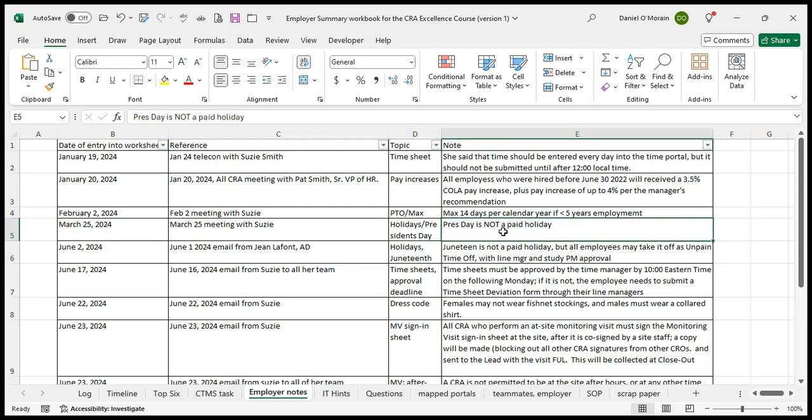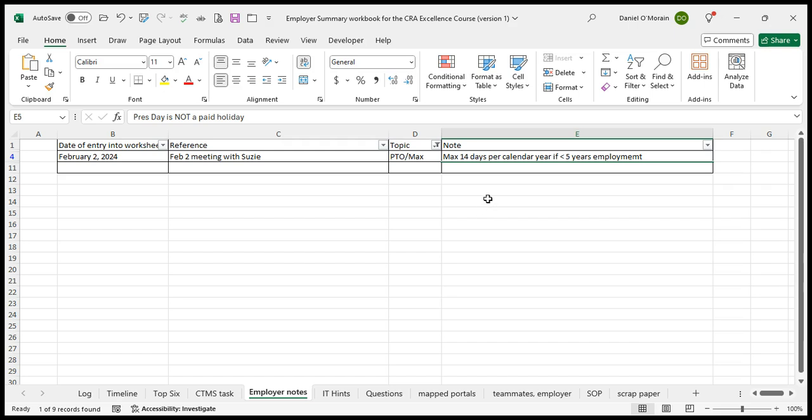And then the note itself, President's Day is not a paid holiday. I have filtered the first line. And then if I have a question about something down the road, it's easy to find what I'm looking for. I can just go to the topic and let's say I want to know, hey, what's the maximum PTO anyway? There you go, 14 days if less than 5 years of employment.